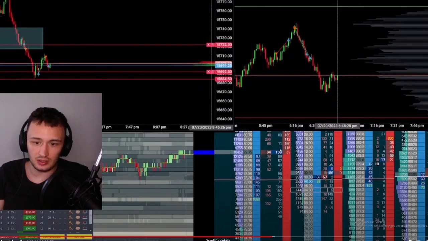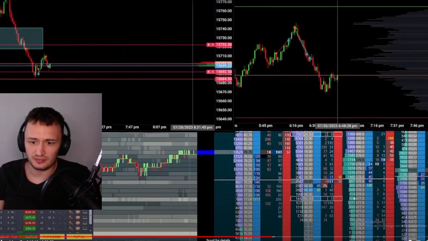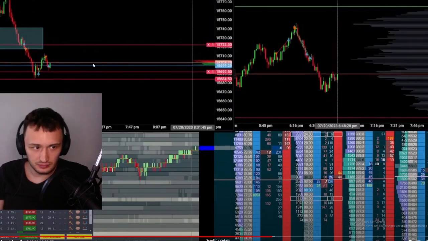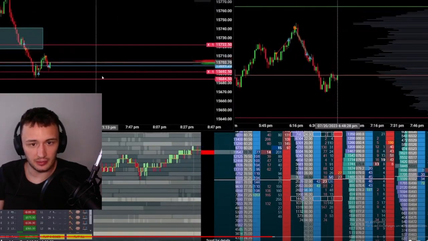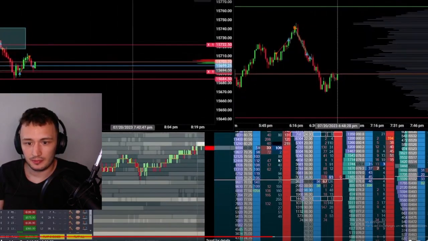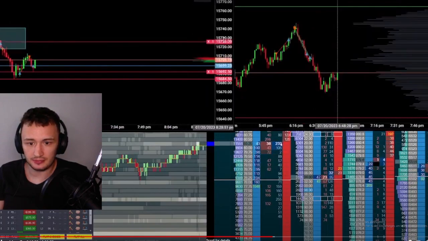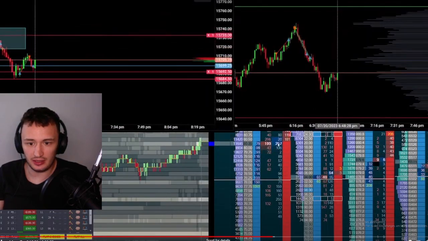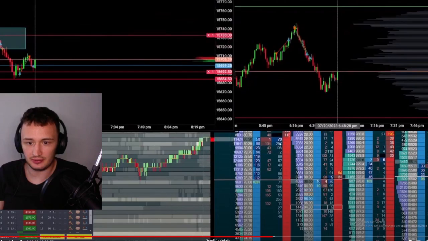So now we do see lots of buying on the ES, lots of buying, a very weak offer here. So also therefore I kind of like my NQ trade. Lots of buying through the 80, look at the amount of buying here through 80.